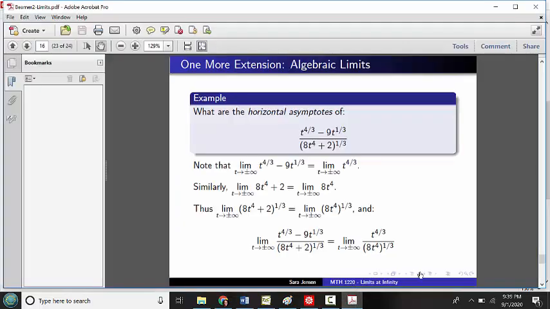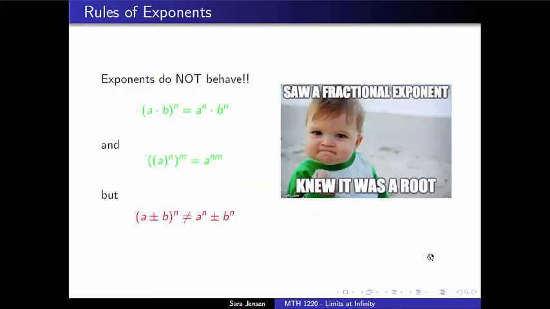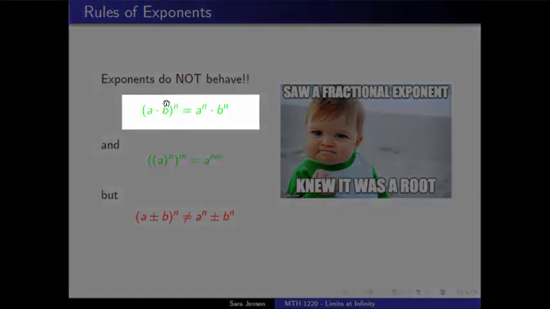Now there is an algebraic reason for that, and that's because we have to remember the rules of exponents. And it's important to note that although limits behave, exponents don't always behave. When you have the product of 2 values raised to an exponential power, you need to distribute that n to both terms on the inside of the parentheses.